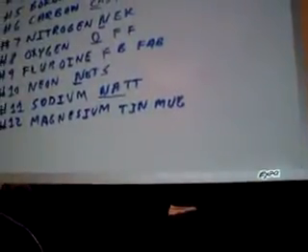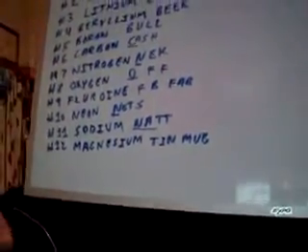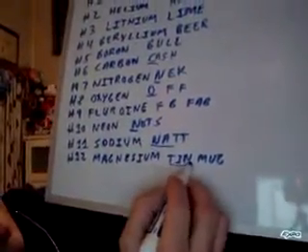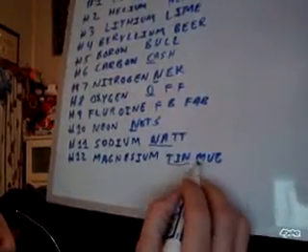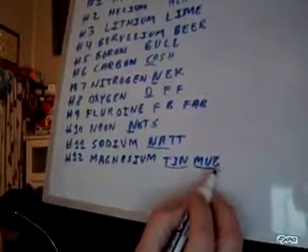Now, we're just going to kind of reverse things a little bit. Now we have a tin mug. Okay, so this word right here represents the number, and this represents the atomic symbol. So now you have a tin mug representing the letter, the word magnesium and its atomic number.